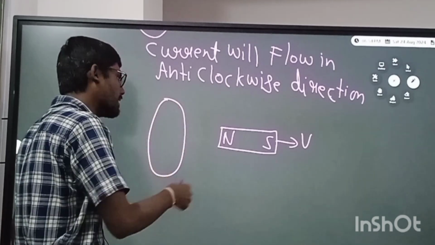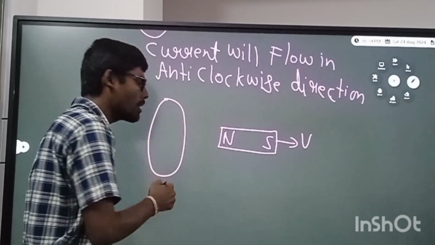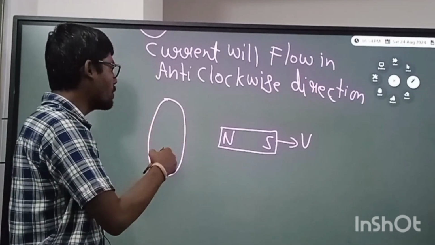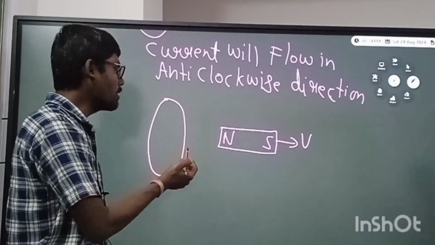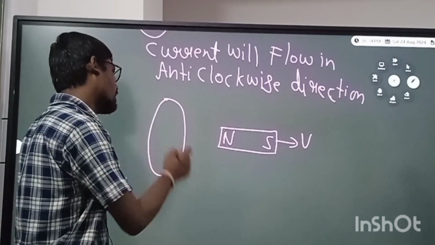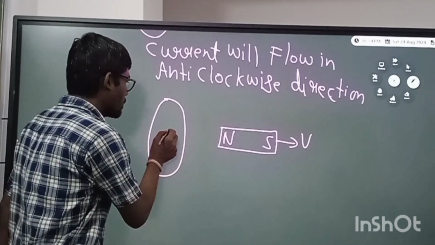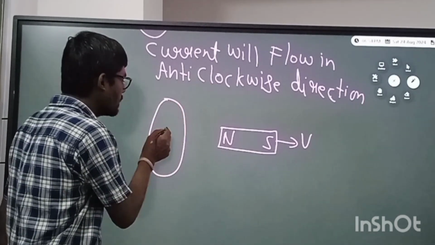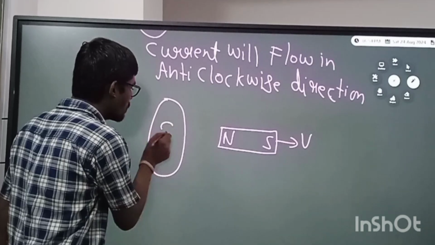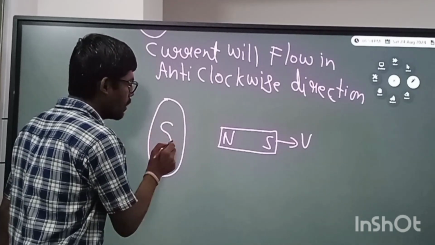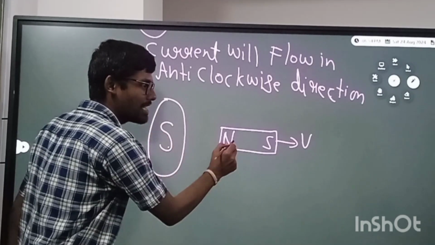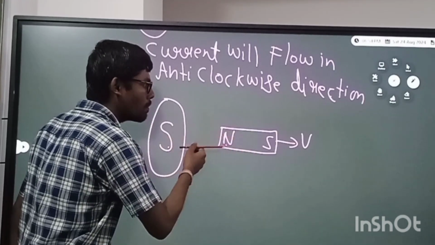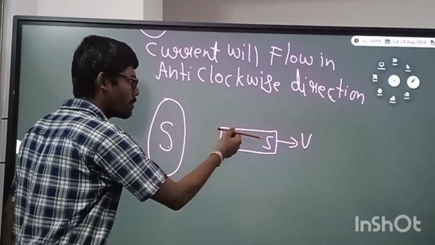Due to the decrease in magnetic flux, induced EMF will be produced, and hence induced current will be produced in the coil. The induced current will flow in such a direction that this surface behaves as south pole, and south pole and north pole attract each other. So this coil will attract the moving magnet.